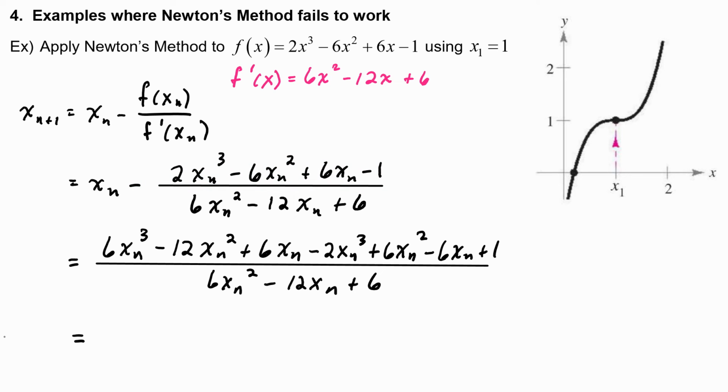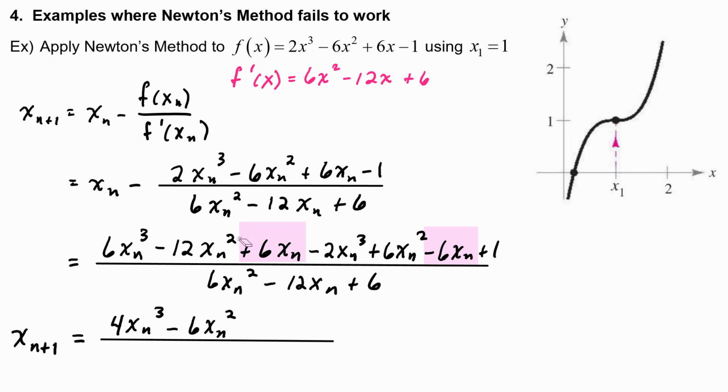Simplifying, we get that xn plus 1 is going to equal, let's combine like terms. We have 6xn cubed minus 2xn cubed, so that's 4xn cubed. We have negative 12xn squared plus 6xn squared, so that's minus 6xn squared.